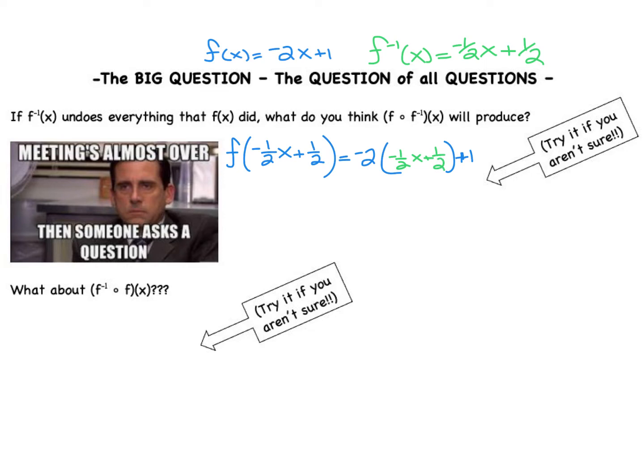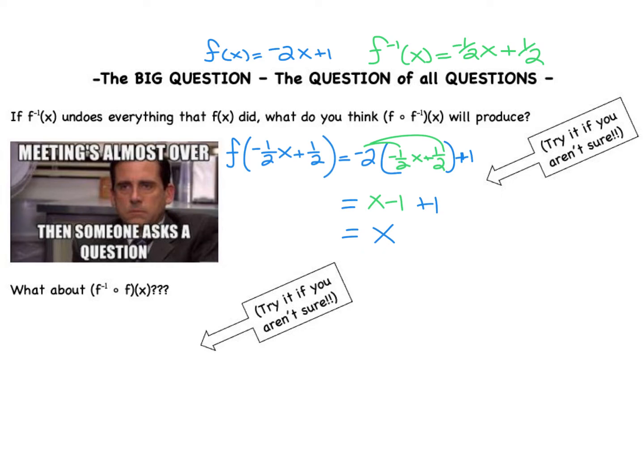And let's see what we get. Well, when we distribute, I would get x minus 1, and then I still have the plus 1. So this would result in just x. If you think about it, remember, one function did something to x, and the other one needs to undo those things. It's going to have to produce x.